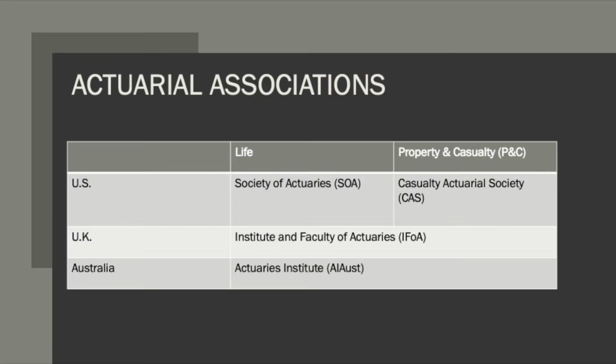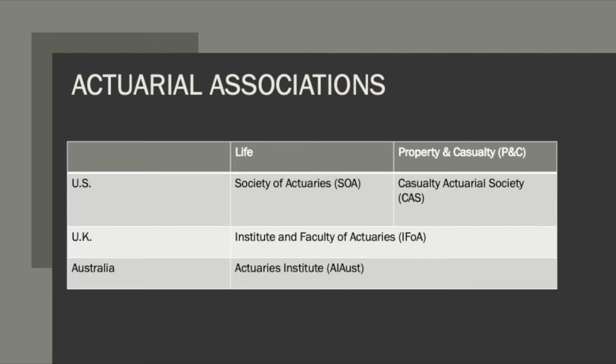I don't know much about the UK and the Australian exam system, so I will just leave it to you guys. I took a brief look at their syllabus, like the exams that you have to take to get the fellowship designation. I think the two actually share a lot of similarities.